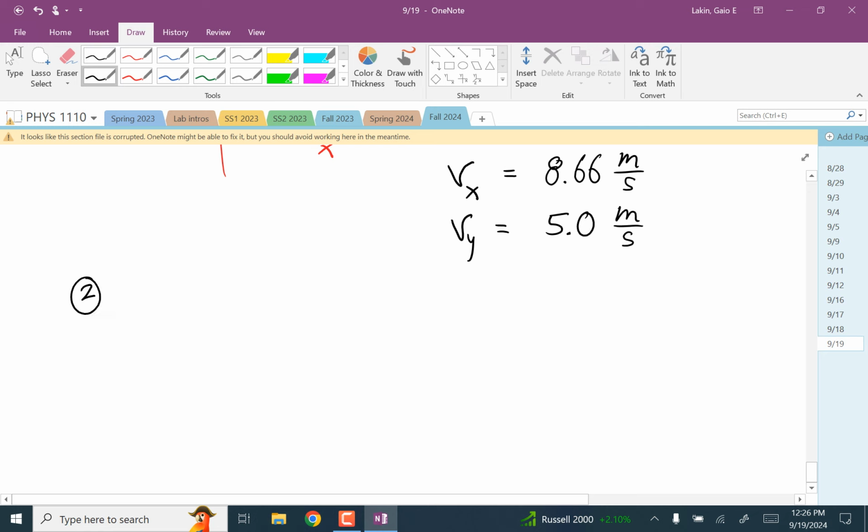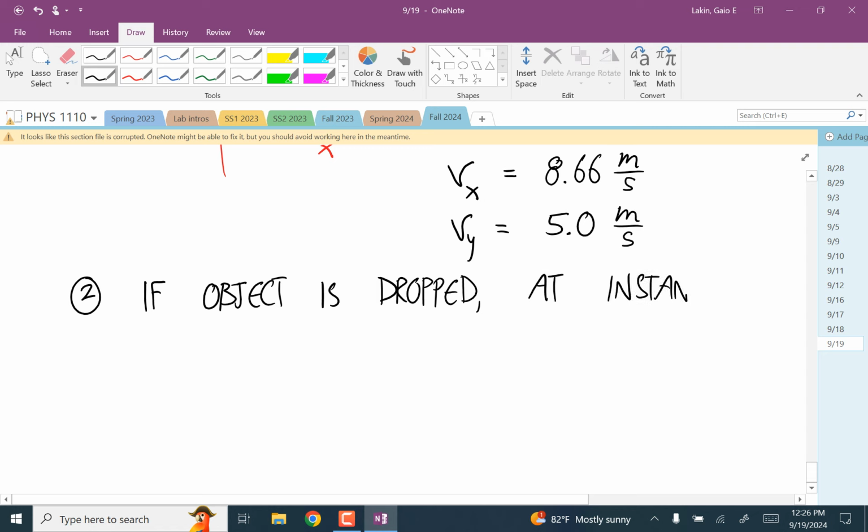The second thing is if an object is dropped, then at the instant it's released, its velocity, this sounds familiar, right?